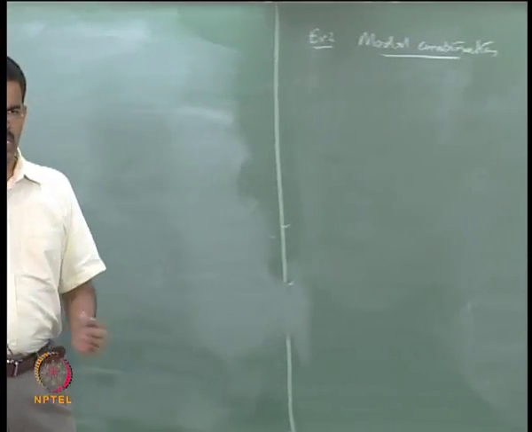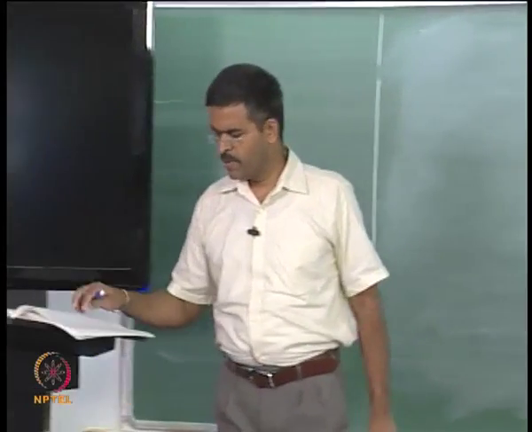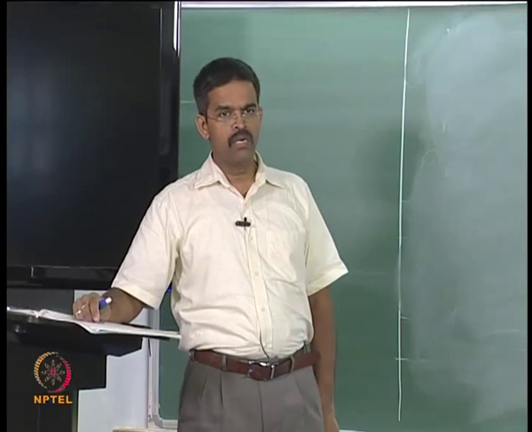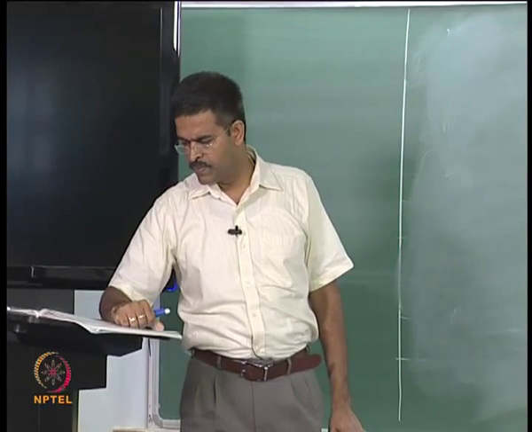I want to see how I can combine the modes. First of all, one should know why I should combine the modes. I will explain that. How to combine the modes we will see.